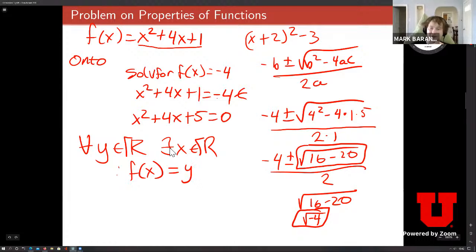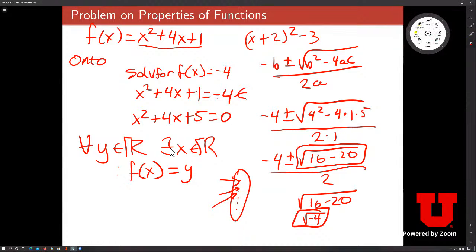So that's the definition of onto. If you think about it, you have your points in your codomain. You need to have arrows coming into every element to be onto. Does that help?